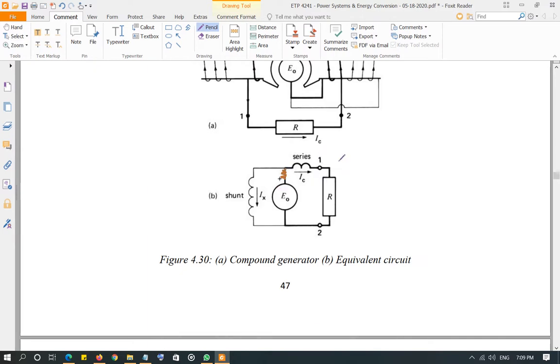So if there is no load connected, if this is open circuit, then the current is going to come out, go through the armature resistance, go to the shunt field, and these are the terminals. The terminal voltage is going to be the same as the voltage across the shunt field, because again there is no voltage drop in the series field, there is no current flow.